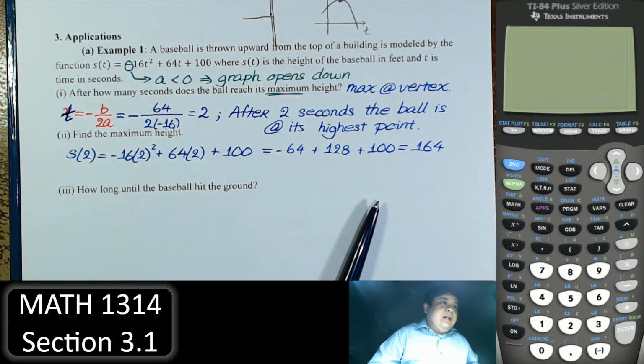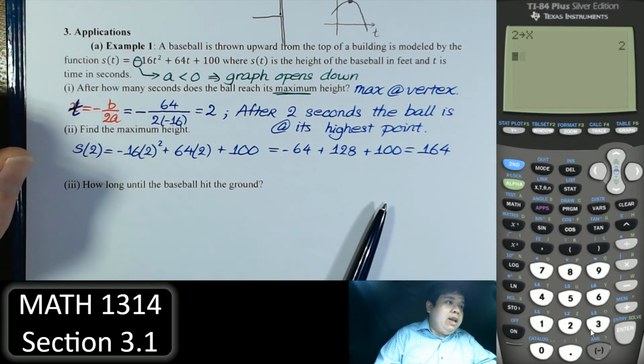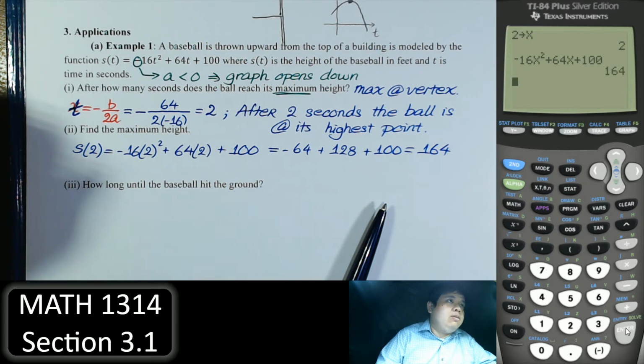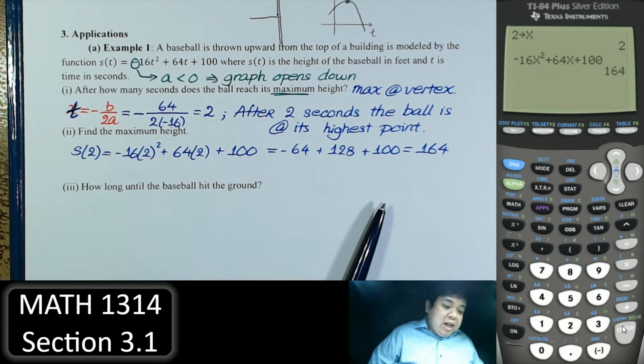Right. If you have a calculator, it is rather simple. We just say 2 is equal to x, so 2 store into x, and then evaluate negative 16 x squared plus 64x plus 100. That's 164.